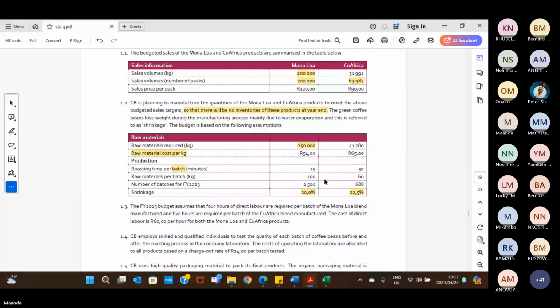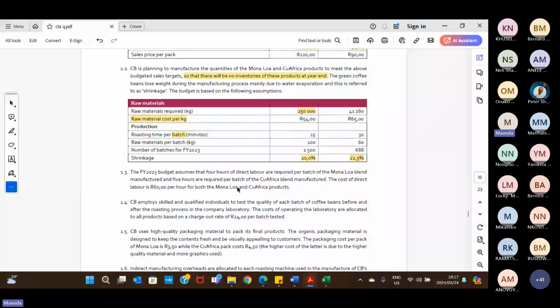All right. So now I can already make connections, because if I have my raw material per batch, and I have my roasting time per batch, I can determine, if I have 500 materials, how much roasting time will I need?